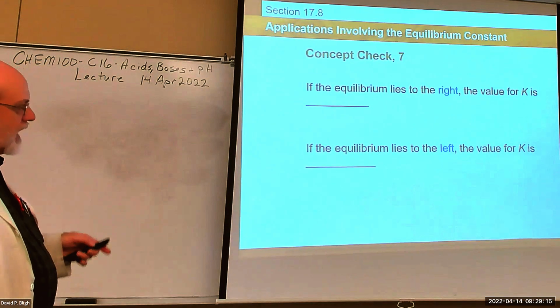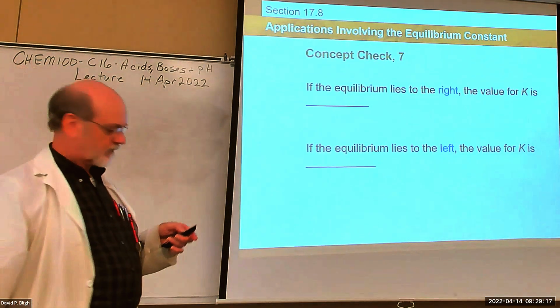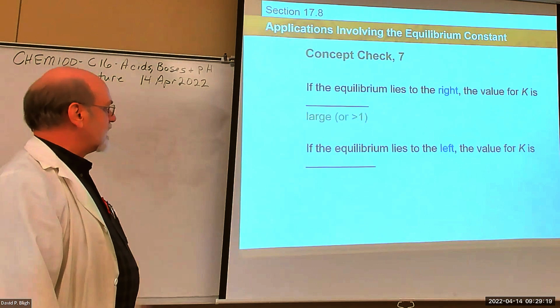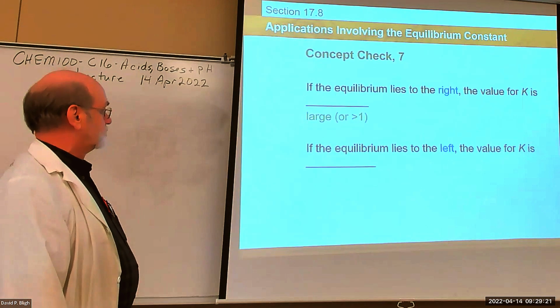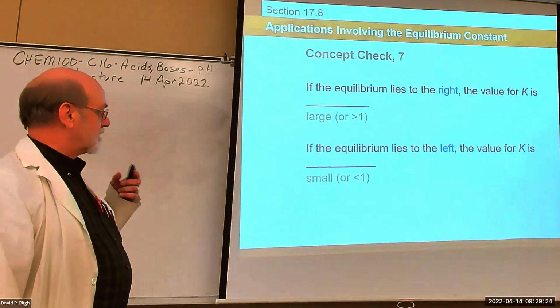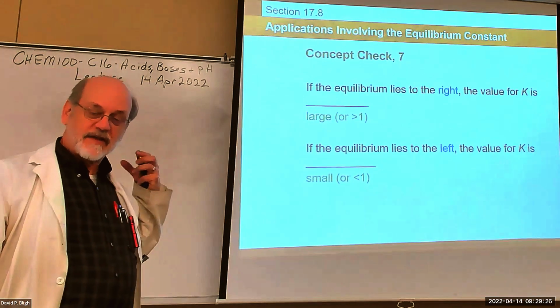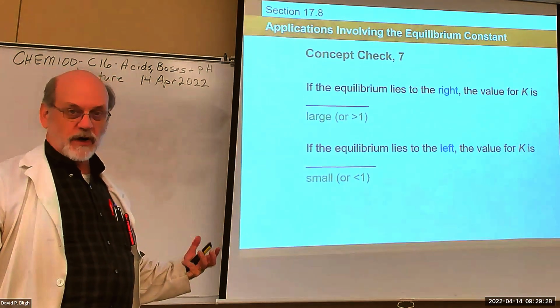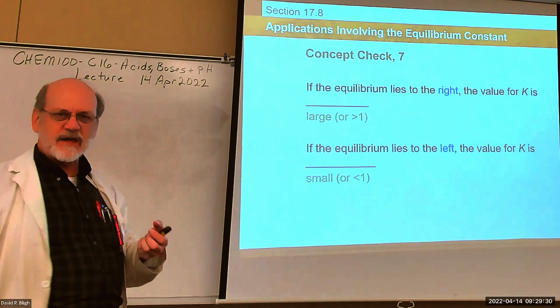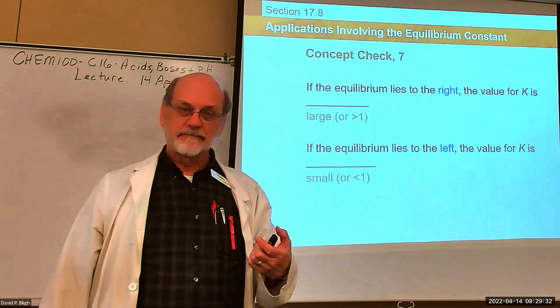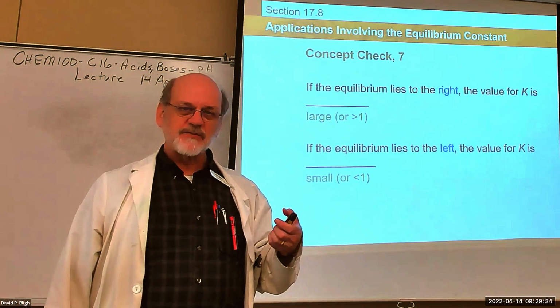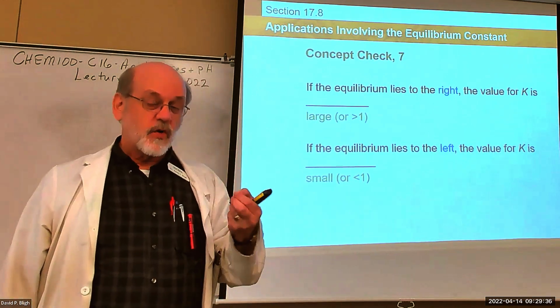Okay, so if the equilibrium lies to the right, this is just a review, then the K is very large. If the equilibrium lies to the left, then the K should be very small, much less than 1. Notice I don't say anything about what if it's equal to 1. The reason I do that is because it depends on the equation.